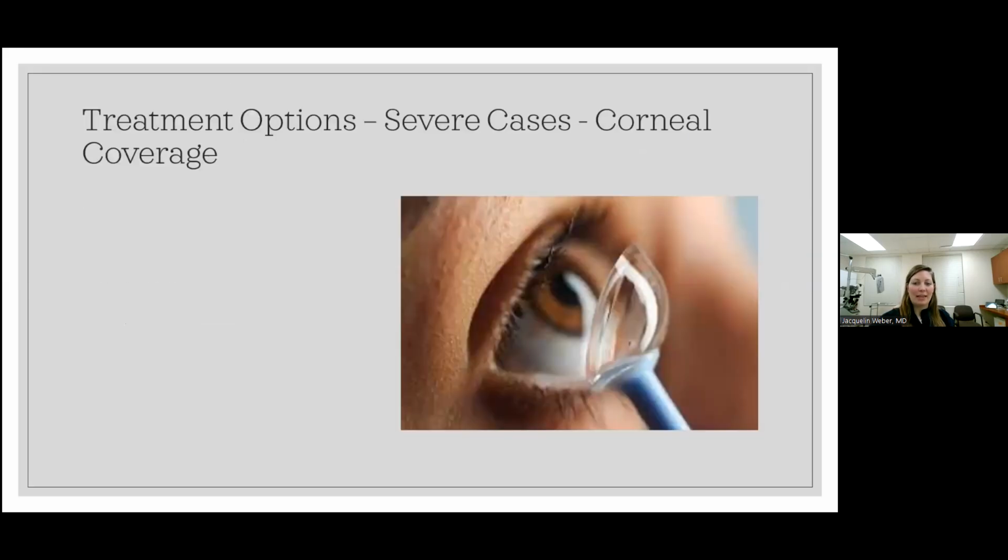And then the last thing, again, this is more severe cases, but sometimes we'll recommend putting in a special type of contact lens or a scleral lens, or perhaps even eyelid surgery, which would usually only be used if, again, the previous treatments as well as the prescription drops didn't work. So usually if we're talking about these types of options, these are patients that have been followed in the office, undergone multiple treatments, and still are not getting quite the improvement in symptoms that they want.